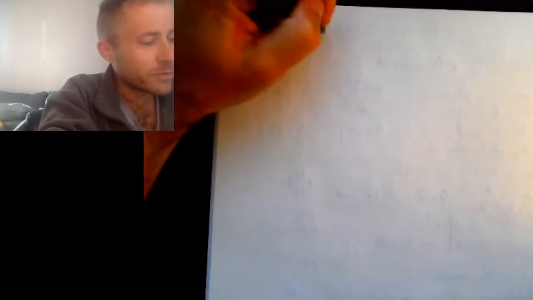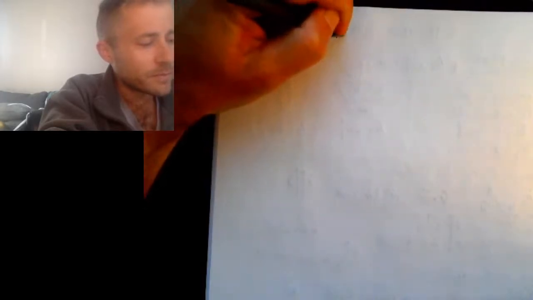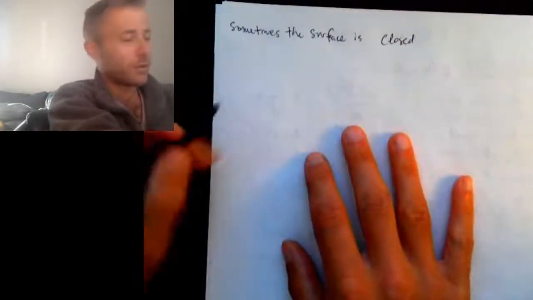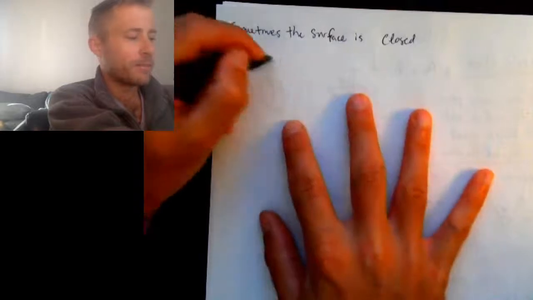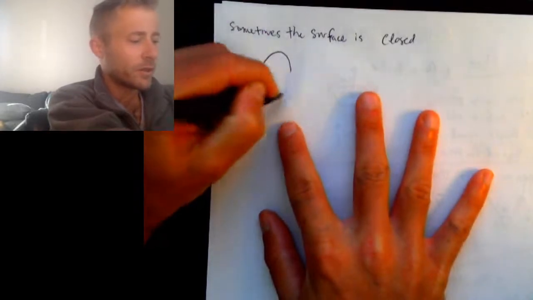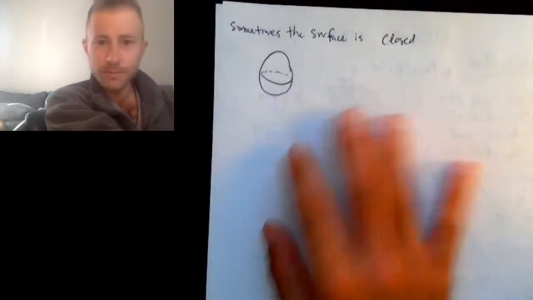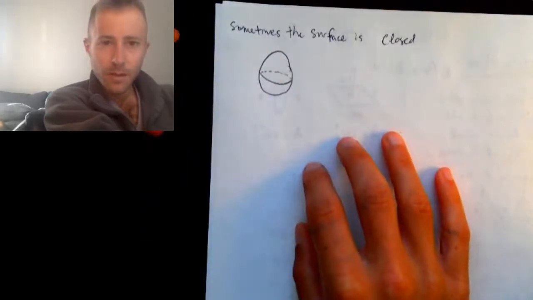Sometimes the surface is what is called closed. Some examples of closed surfaces are like this. So this is a spherical closed surface.